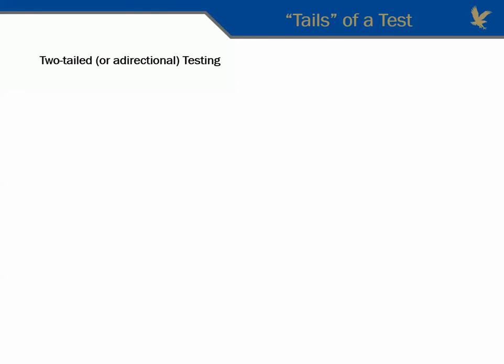All hypothesis testing is a matter of comparing a sample statistic to a hypothesized value. The tail of a test indicates which side of that hypothesized value you are paying attention to. The a-directional case is when it isn't important whether the sample statistic is less than or greater than the hypothesized value.